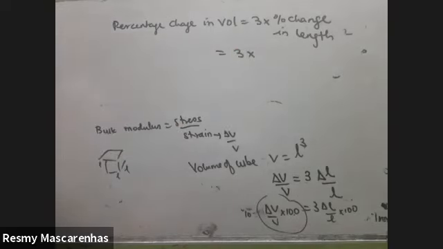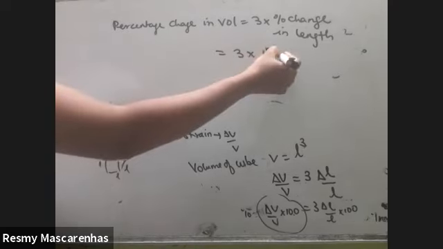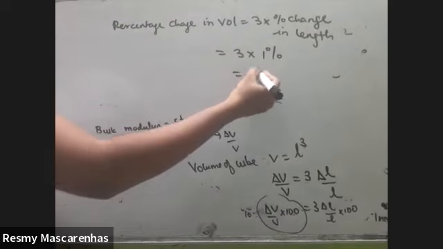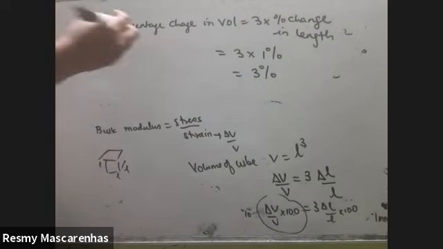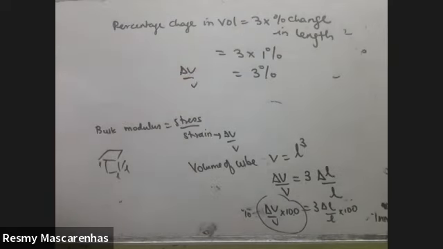How much has been given? The percentage change in length has been given as 1%, in the question it is given. So this will be 3%. Delta L upon L has been given as 1%. So what is the percentage change in volume? Nothing but delta V upon V.